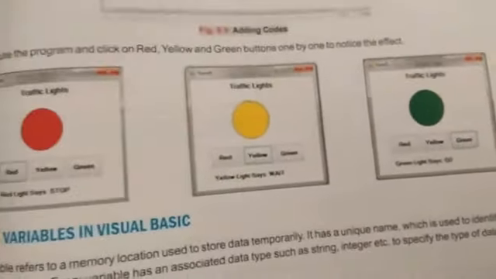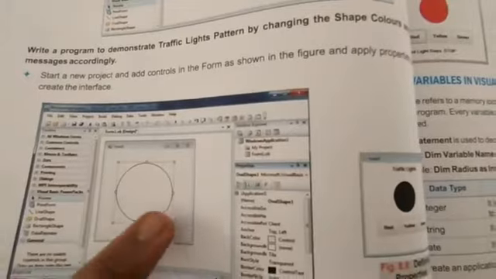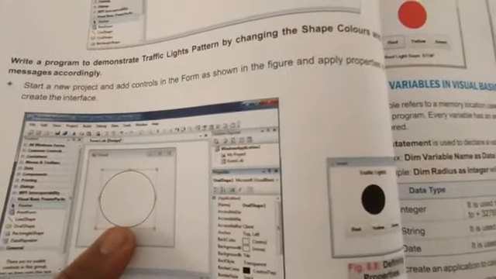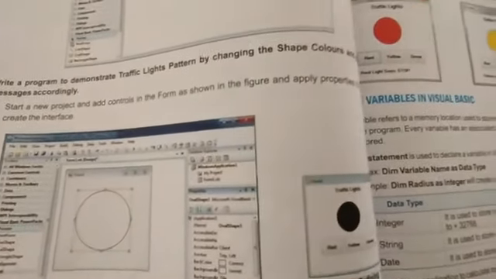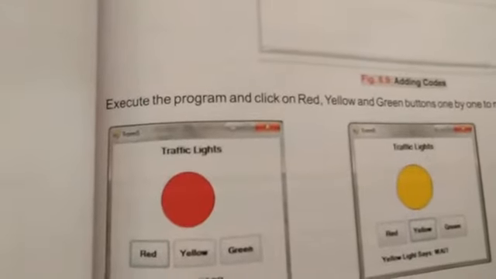So students, what we have done in this project, in this program: first of all, in a form we have to take a shape of a circle, and similarly we have to define 3 buttons, one button for red, second yellow, and third green. And we have to change the name property for that.